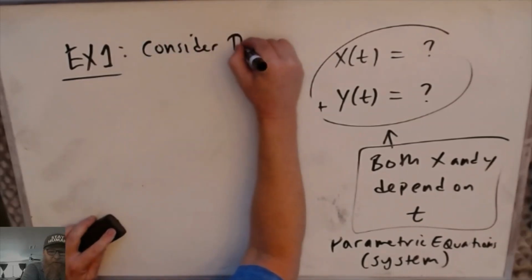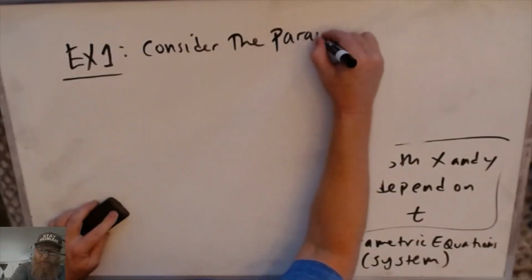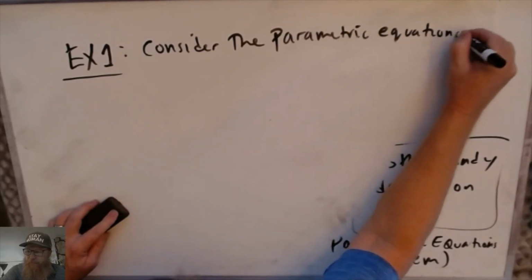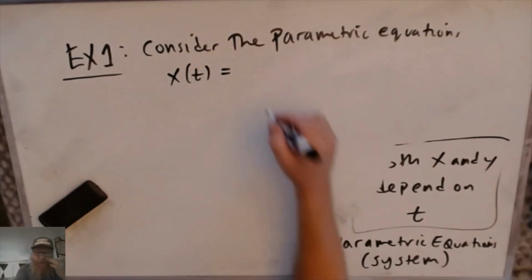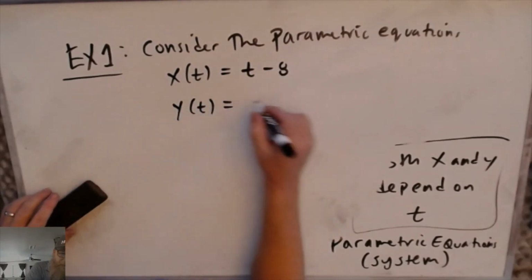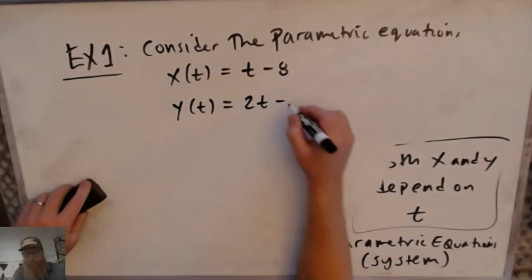So consider the parametric equations: x of t is t minus 6, and y of t is 2t minus 8.